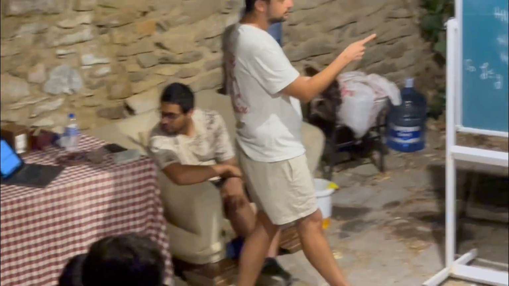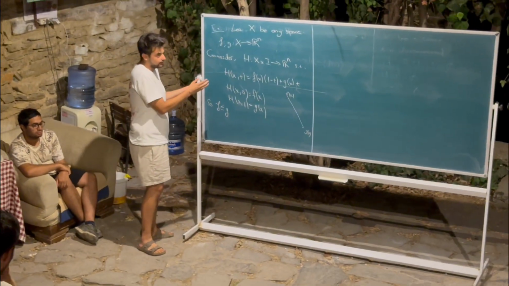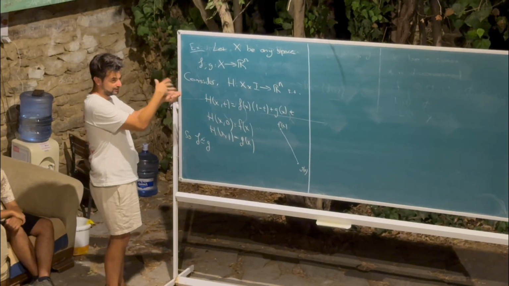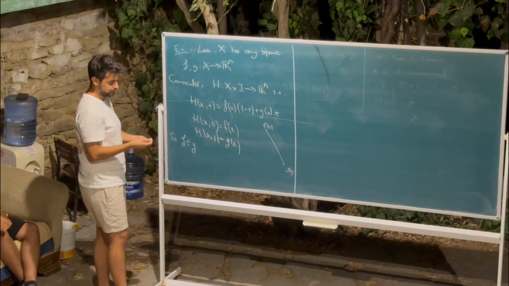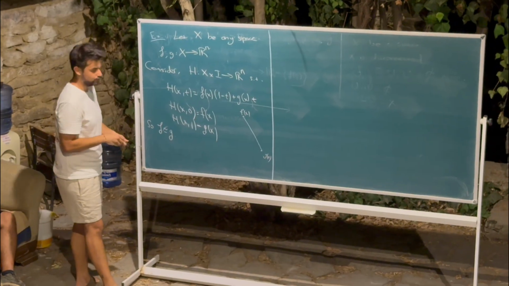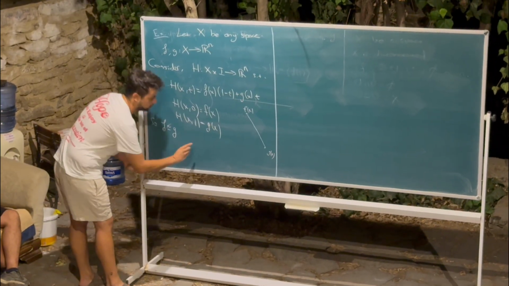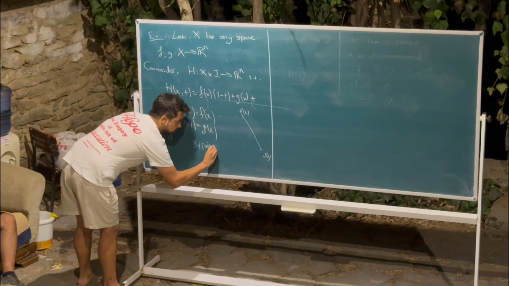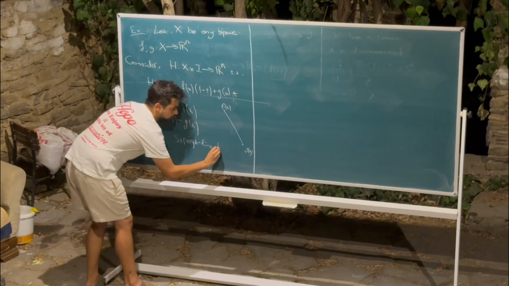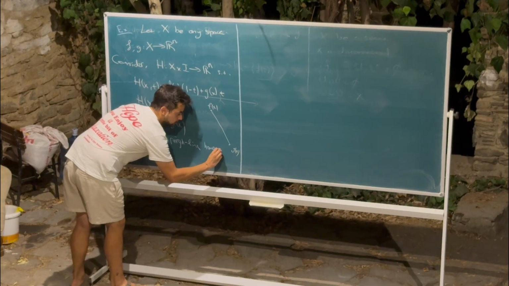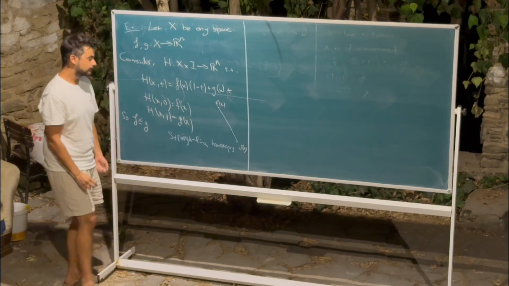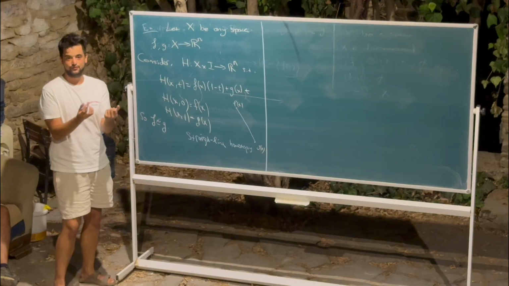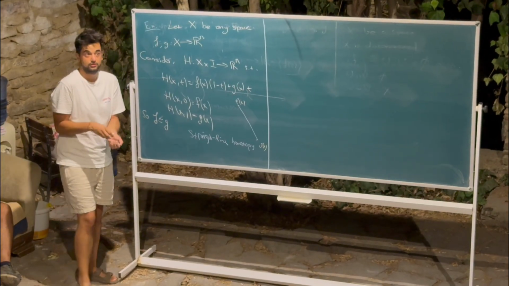You're going to see this homotopy in this area many times, so we gave it a name. This is called the straight line homotopy. It is a peculiar kind of homotopy; it doesn't exist all the time.